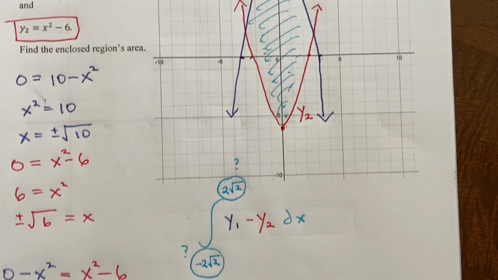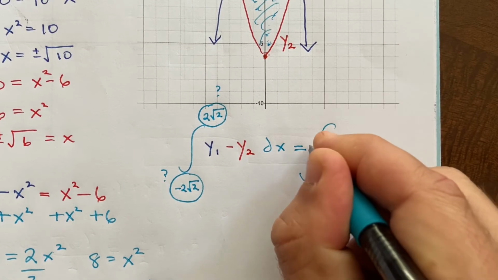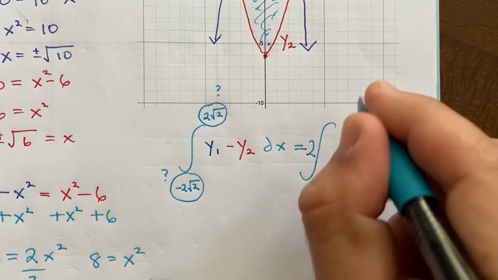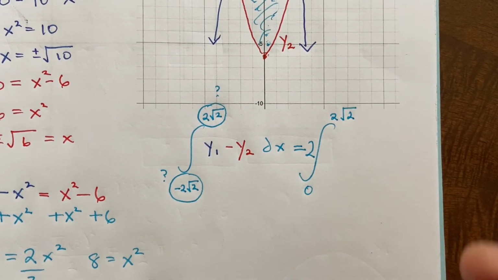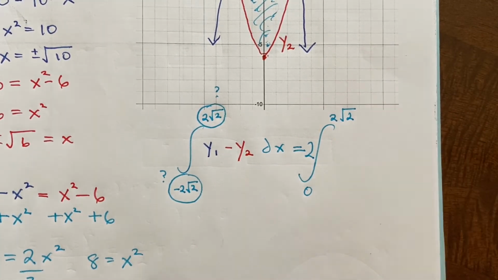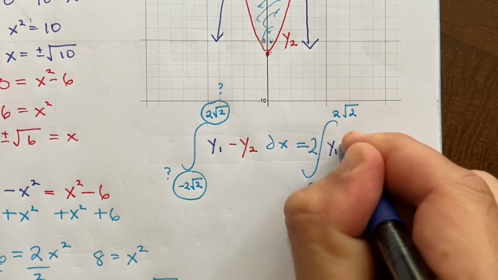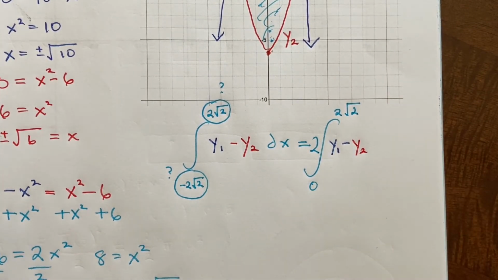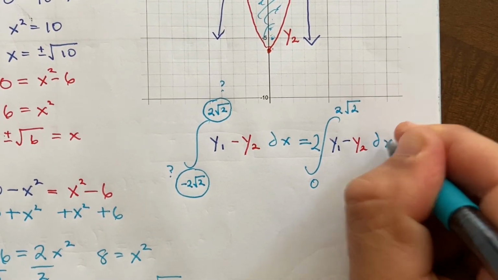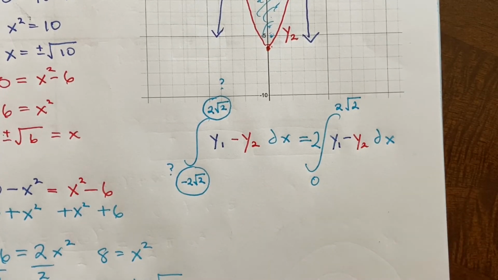So this integral would be equal to the integral, if I double it, from 0 to 2 root 2 of, again, still y1 minus y2. So I'm going to choose this option actually. I'm going to double it, use the 0. It's kind of nice to plug in 0 instead of negative 2 root 2.